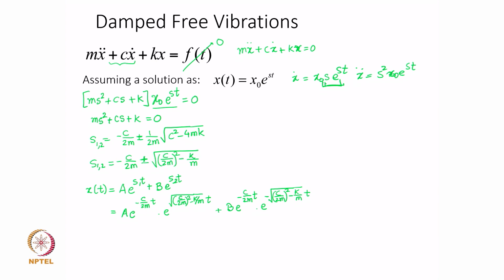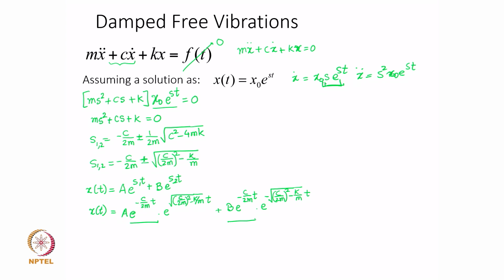Now, what you notice here, if you look at this entire solution, is that this part, what do you call this, an exponentially decaying term? With t progressing or t increasing, you will have this particular term gradually diminishing.